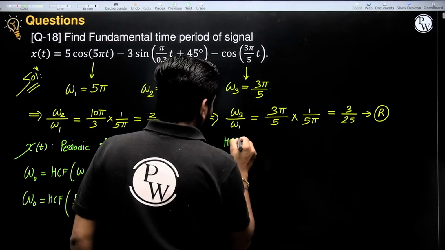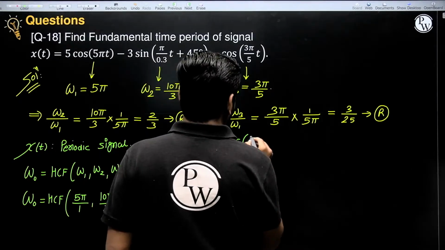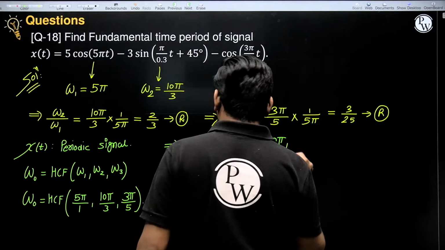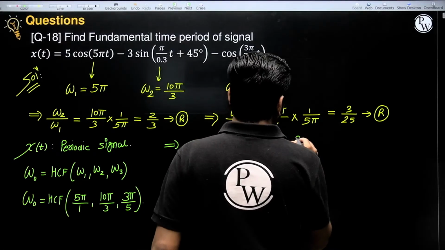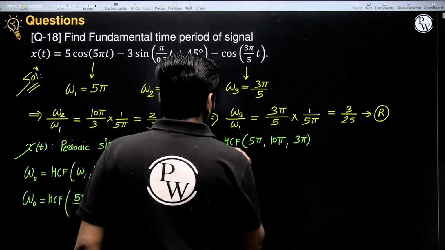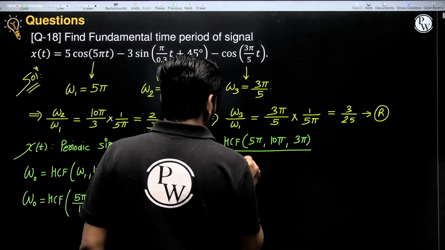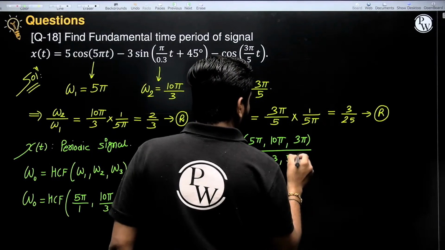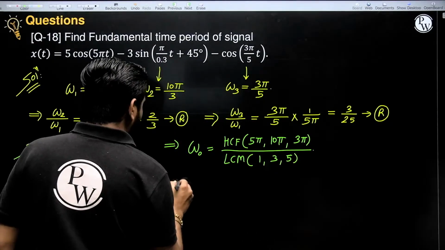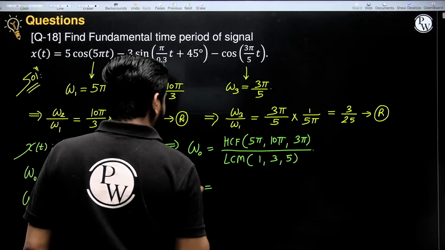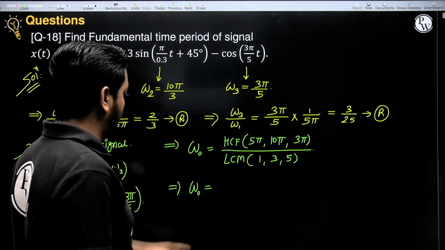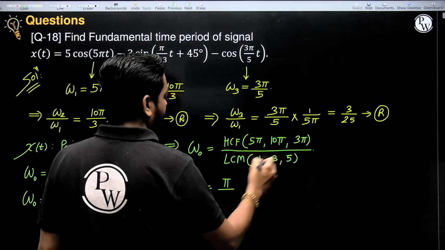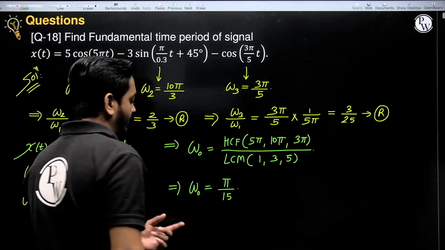HCF of numerator 5 pi, 10 pi, 3 pi, divided by LCM of 1, 3 and 5. What is the HCF? Of course, the HCF will be pi. What is the LCM? LCM of 1, 3 and 5 is nothing but 15. So this is the fundamental frequency.